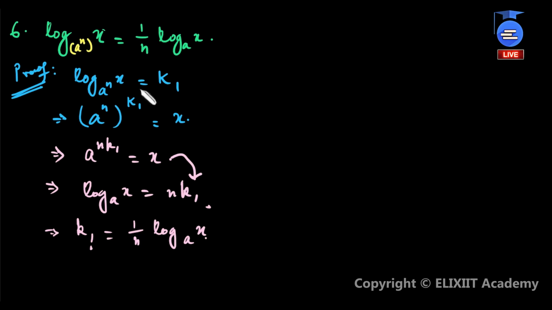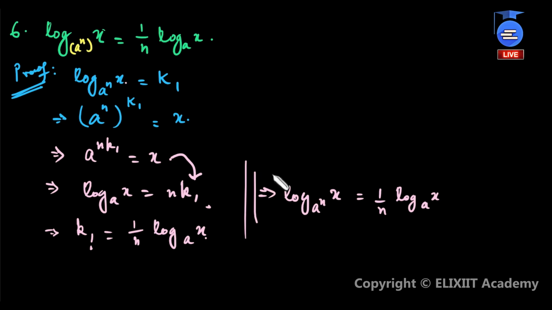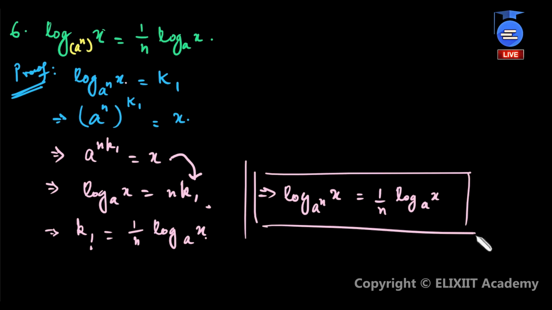So k1 is log x base a to the power n, and k1 is also 1 by n log x base a. This implies log x base a to the power n is equal to 1 by n log x base a, and this is what we needed to prove.